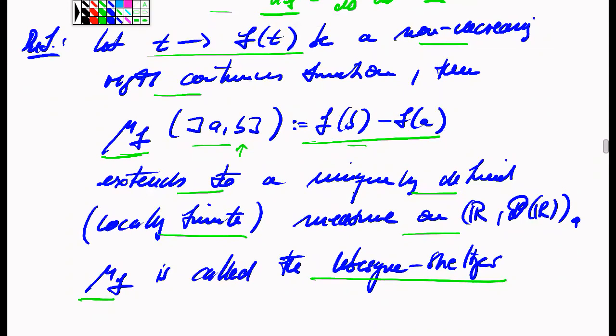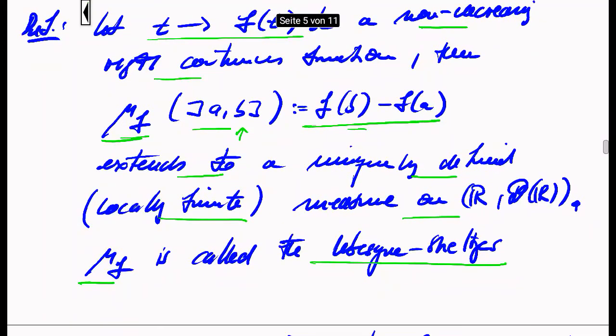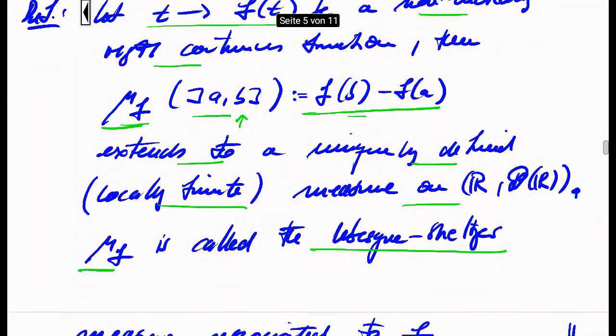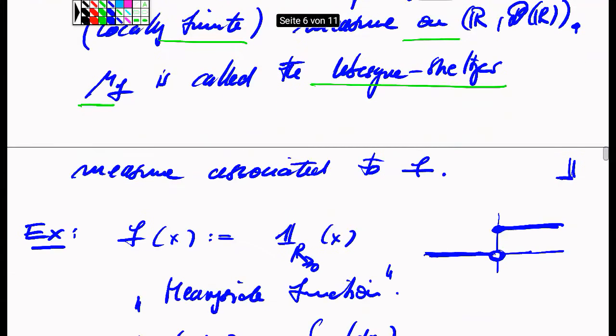So the short message here is that if you have a right continuous non-decreasing function, then there is a one-to-one correspondence between this function and a certain Borel measure on the Euclidean line, and the correspondence is already completely specified by this equation in the middle. So every Borel measure is in one-to-one correspondence with a right continuous non-decreasing function on the Euclidean line.